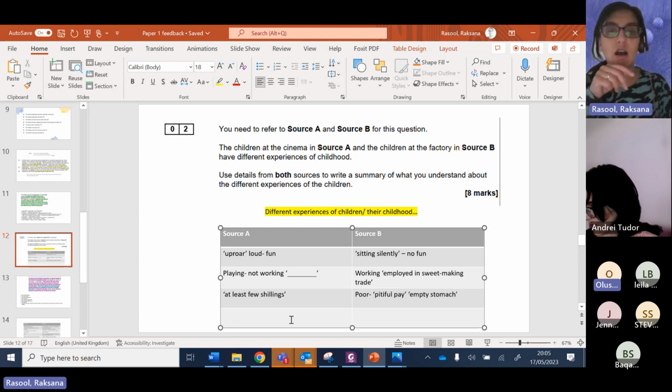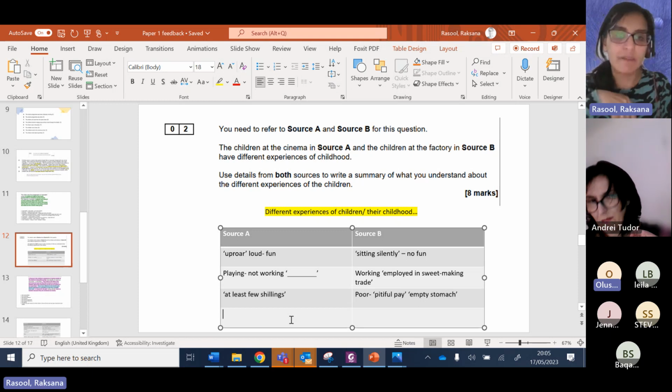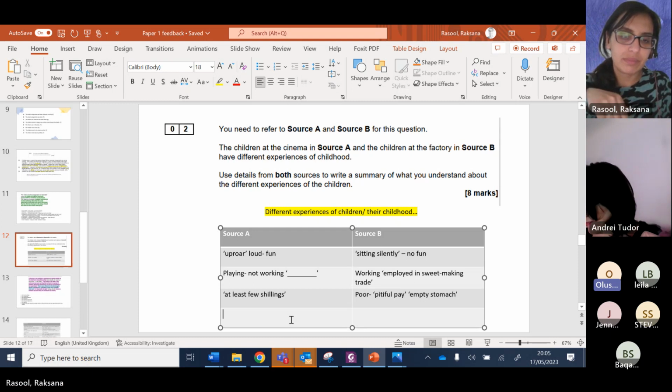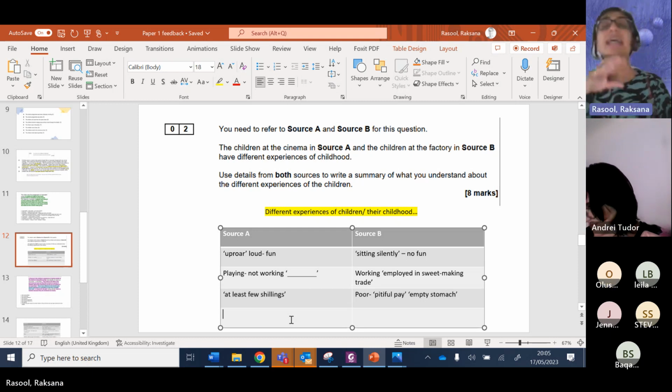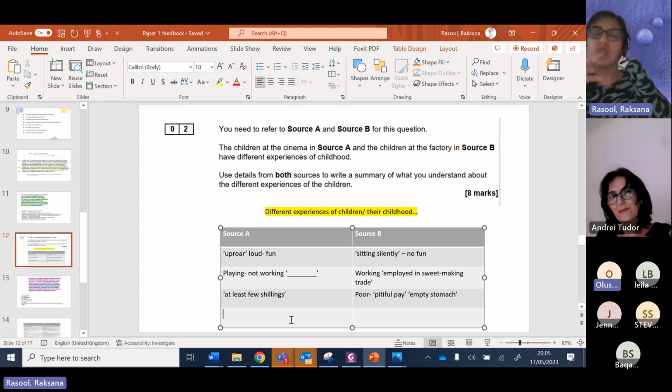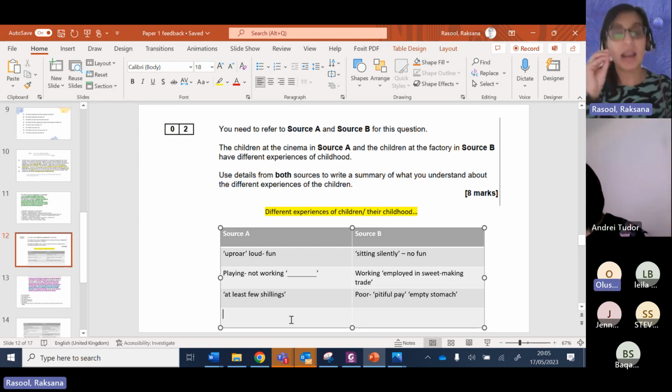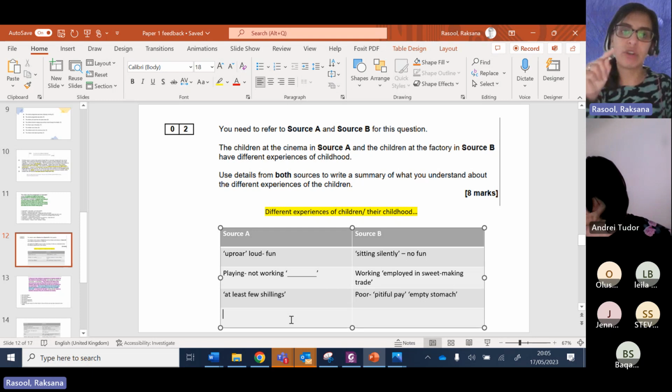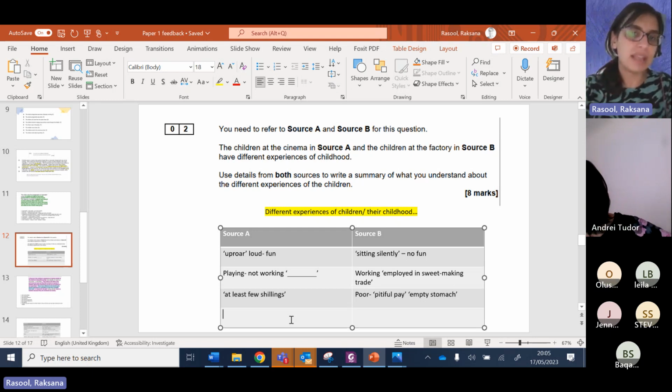The children in source A pay to have fun. Who's paying them? But in source B, they're being paid to work. A lot of static's coming through, so I can't hear you very well, but I understand what you're saying, that in source A, the children are being paid to have fun, but who's paying them? They might have pocket money.